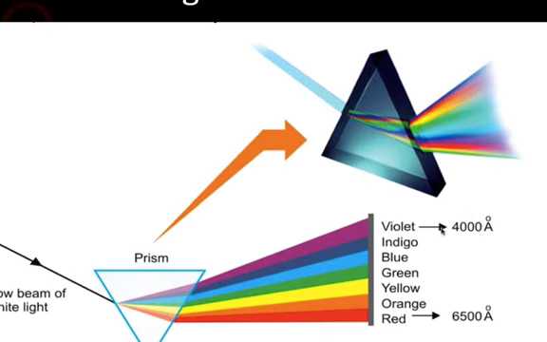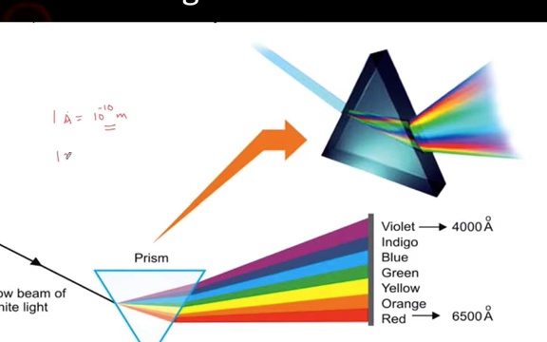And the wavelength of violet is around 4000 Angstroms. This is the unit we usually use. And what exactly is an Angstrom? 1 Angstrom is equivalent to 10 power minus 10 meters.